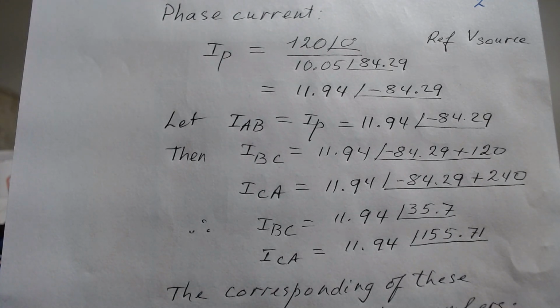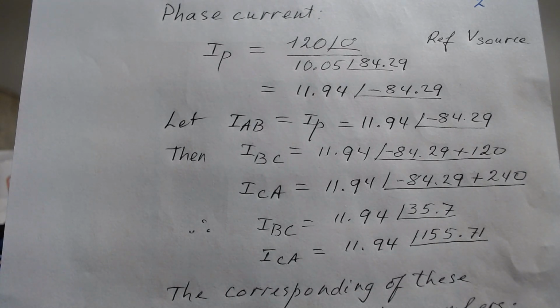So IP is equal to 11.94 with an angle now of minus 84.29 degrees. Consider IAB equal to that IP current.